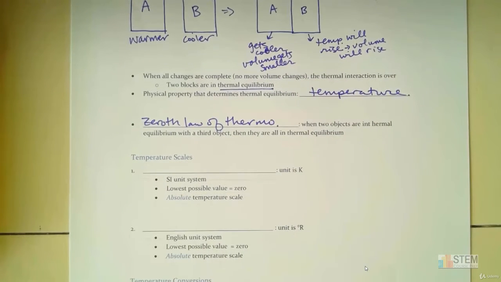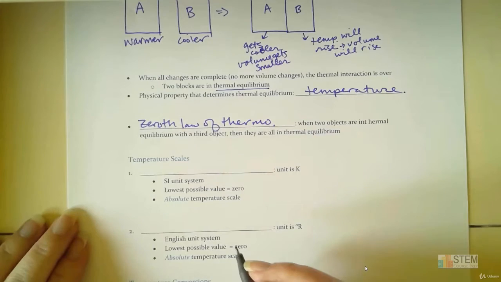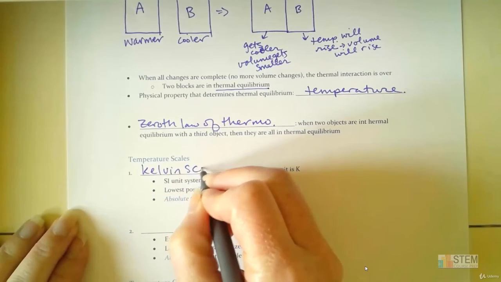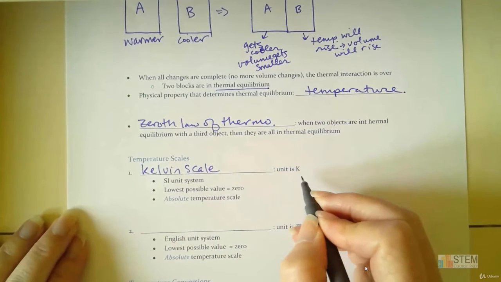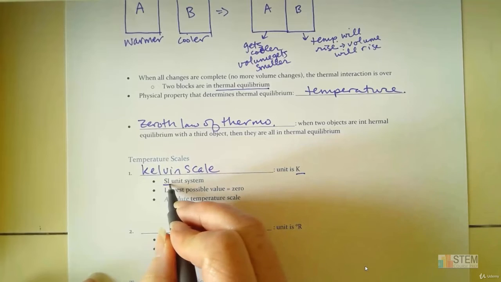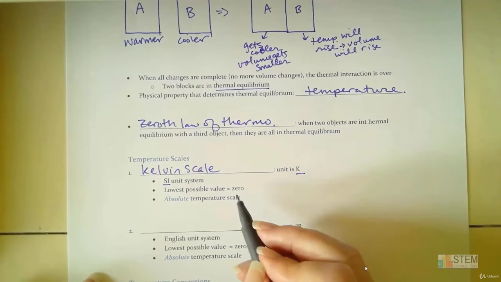Next, let's go over our temperature scales. This is going to be important because we are going to use temperature in most of our examples and our problems. First scale we want to talk about is the Kelvin scale. The unit of the Kelvin scale is a capital K. This is an SI system, and the lowest possible value you can get on this scale is 0.